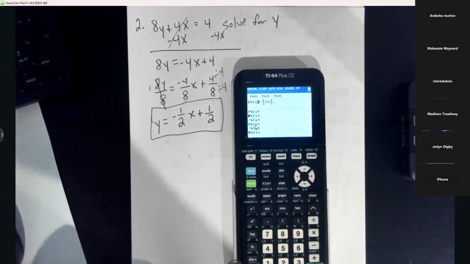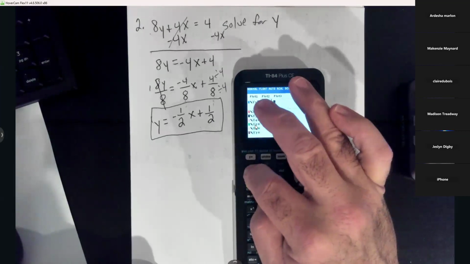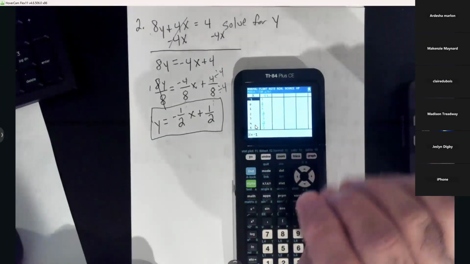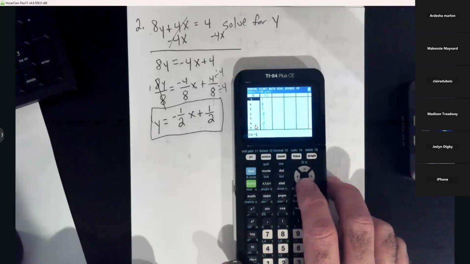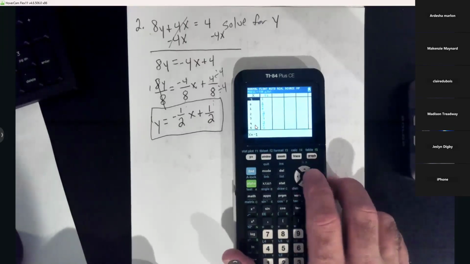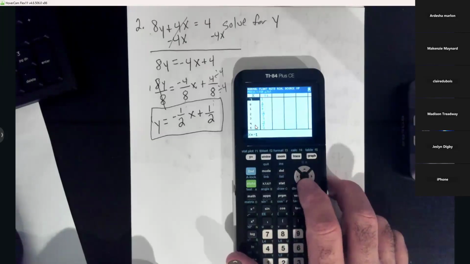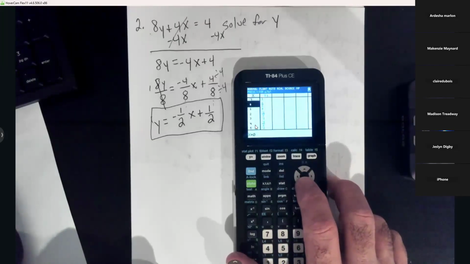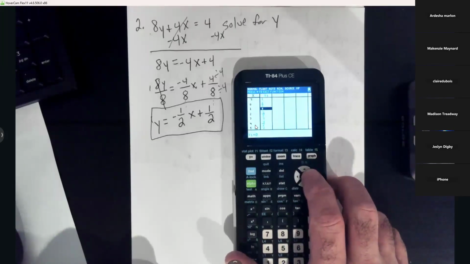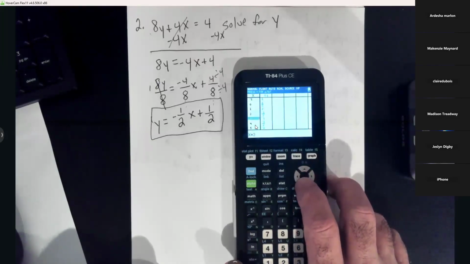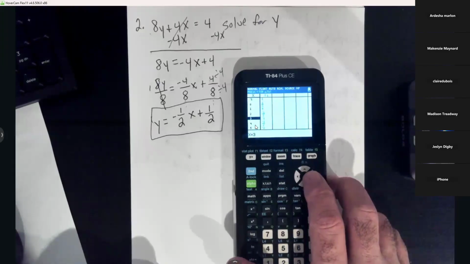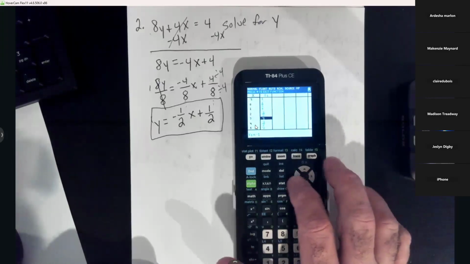All right, so what we wanted was some points. So if you hit second graph, look, most of these have, so I can plot that negative 1, 1 right there. That'd be a good point. Let's see if I come down here at 1, 0 is a good point. And then it looks like at 3, I can plot 3 and a negative 1.